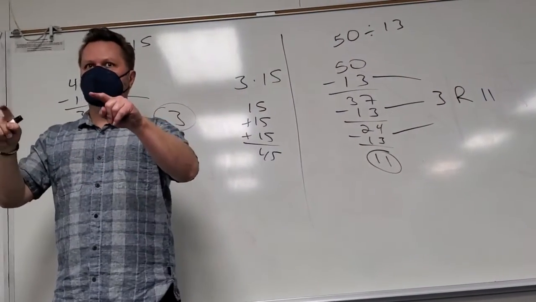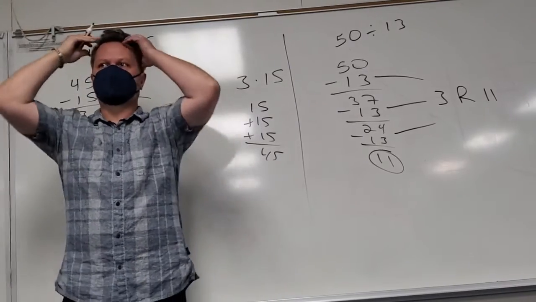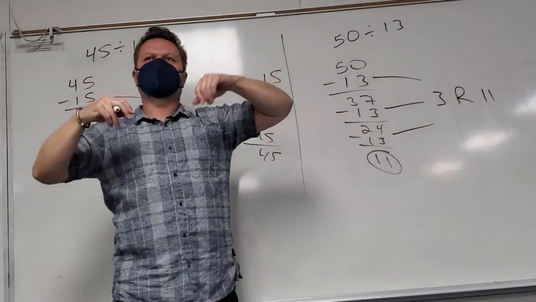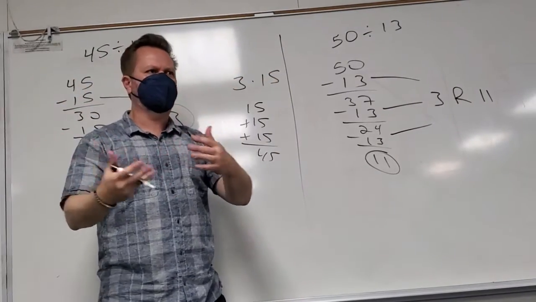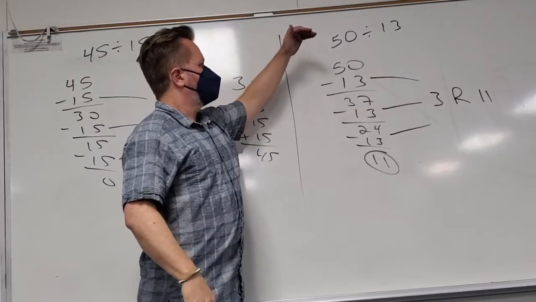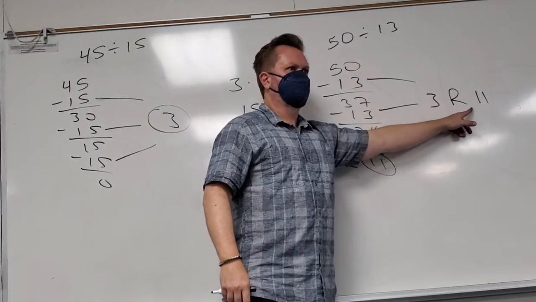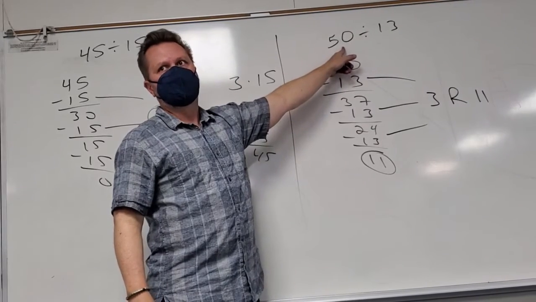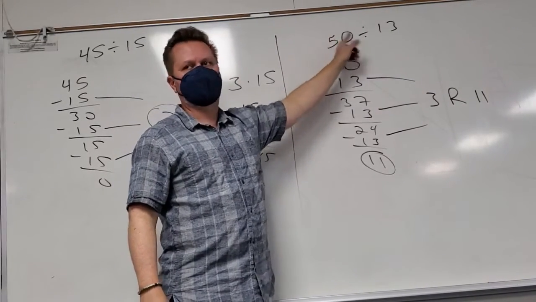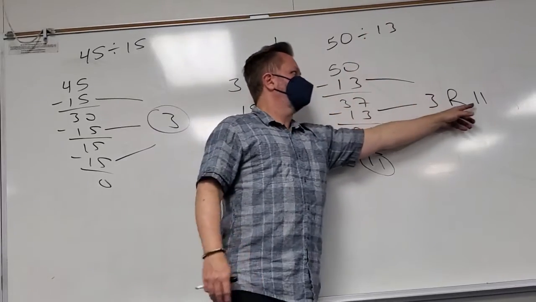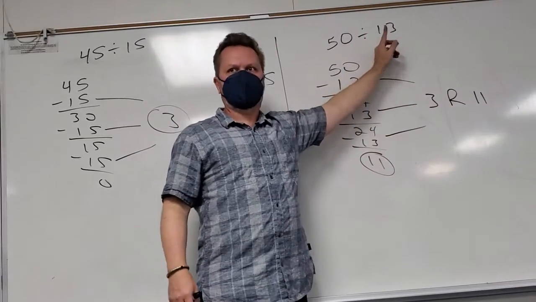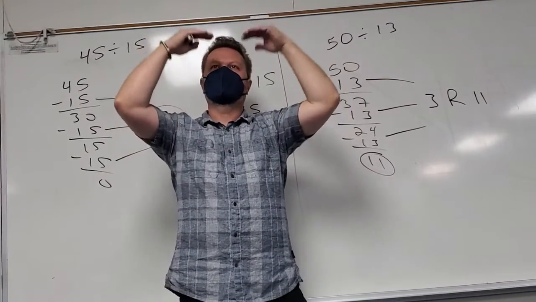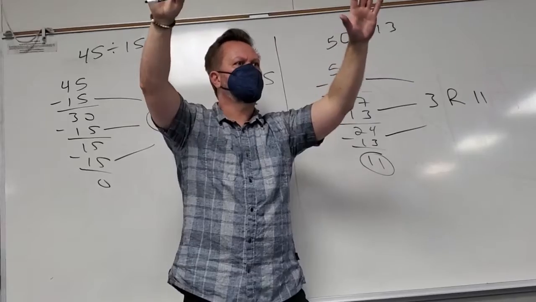And what that officially means, watch this, this is so simple, but a lot of times you're never told this. I have 11 too much. If there was 11 less, what would this number be? 39. 39 divided by 13 is 3. So this tells you how much excess it had in order to go in evenly. That's basic, but a lot of times people don't think to look at it like that.